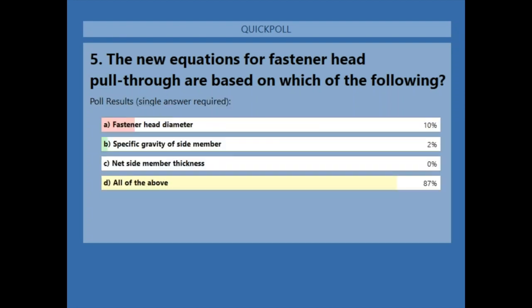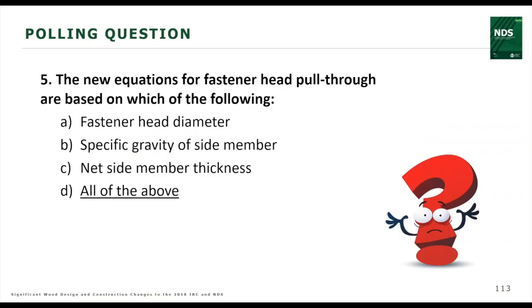And 87% say all of the above, 10% fastener head diameter, and that is it. So which one is it? All right, it is all of the above. That looks like the majority of you got that, so that's great.